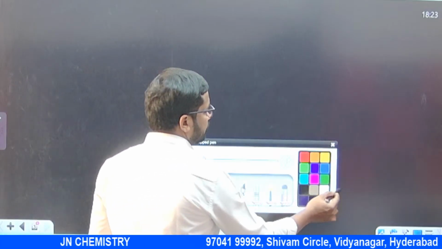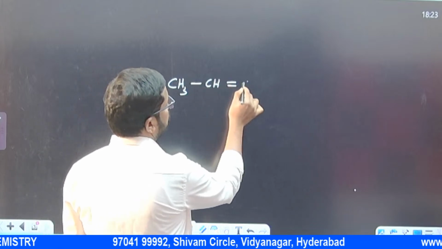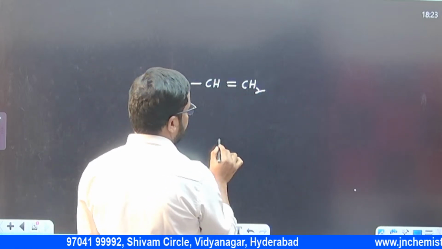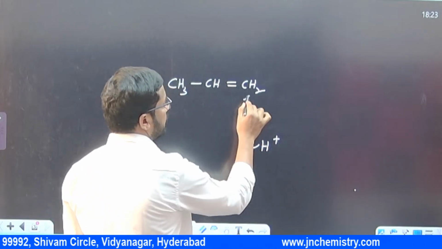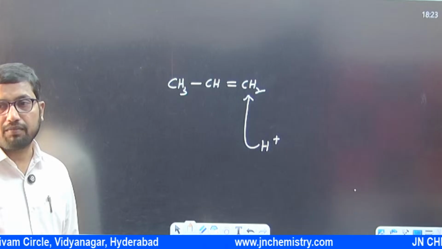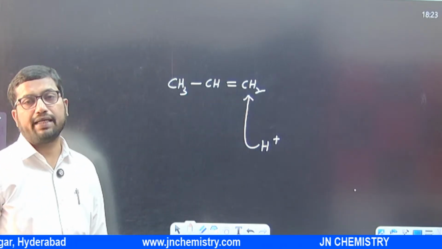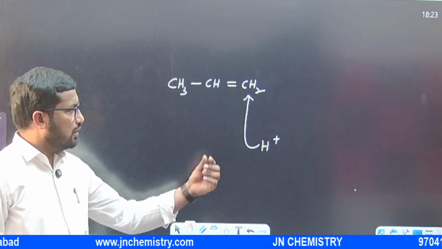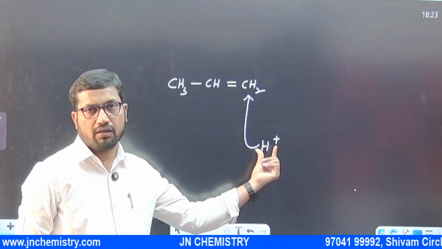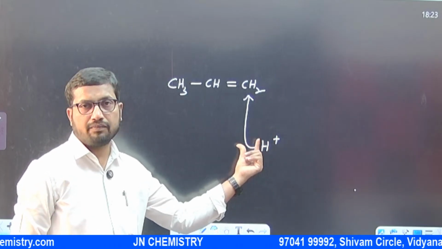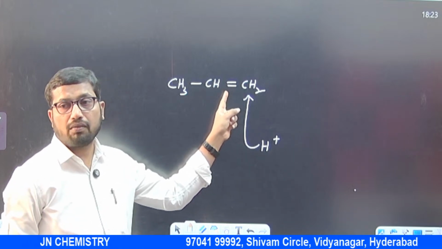For example, now I'm adding H plus over here, to this carbon. Which type of cleavage takes place, homolytic or heterolytic? H plus doesn't have any electrons, right? So it has to undergo heterolytic cleavage.